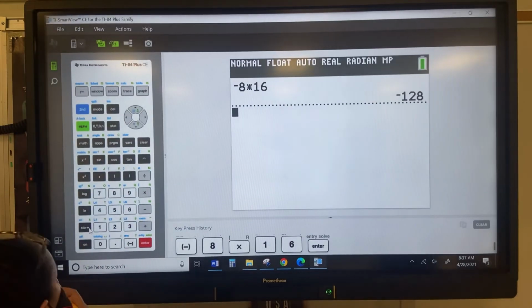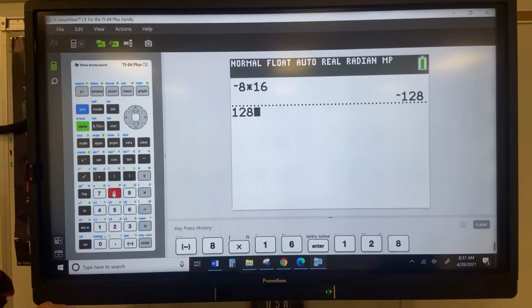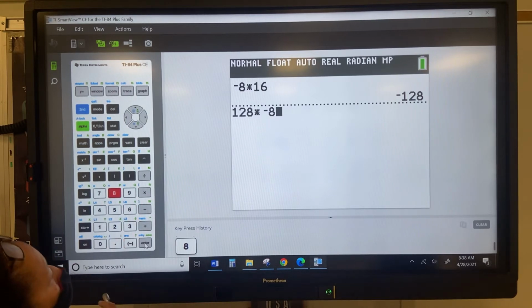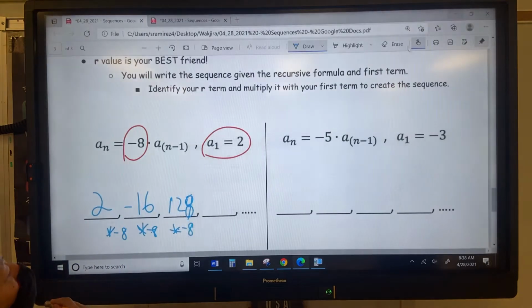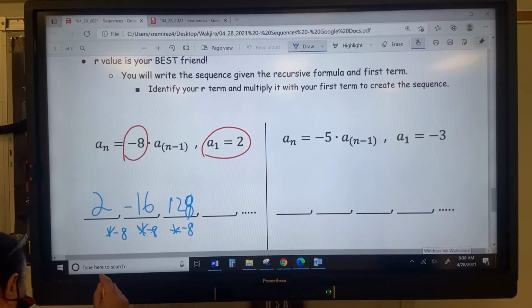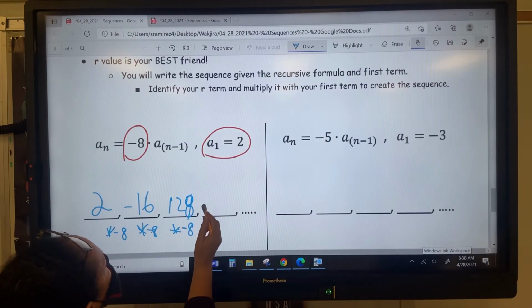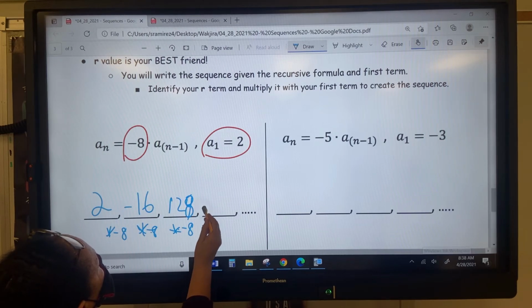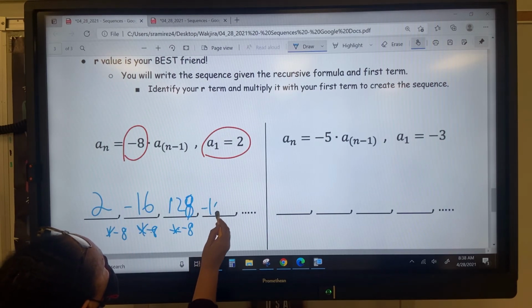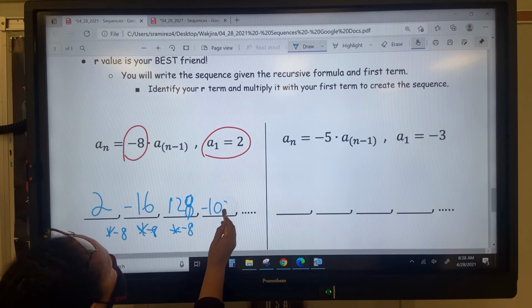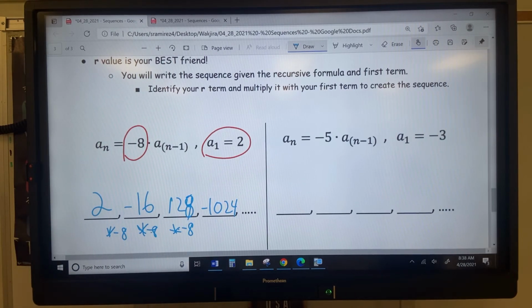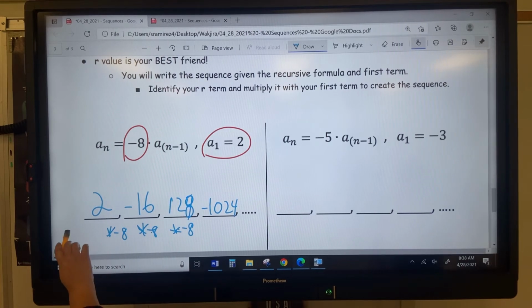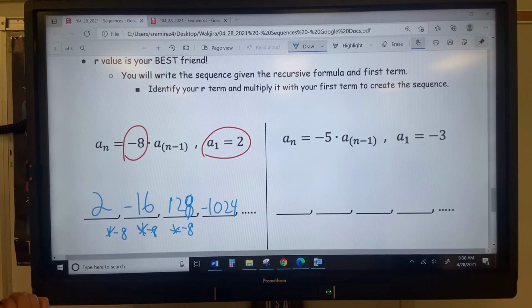So minus 1082, minus 1024. So now we did fill up that.